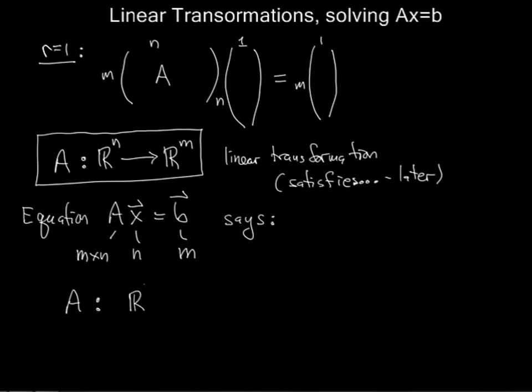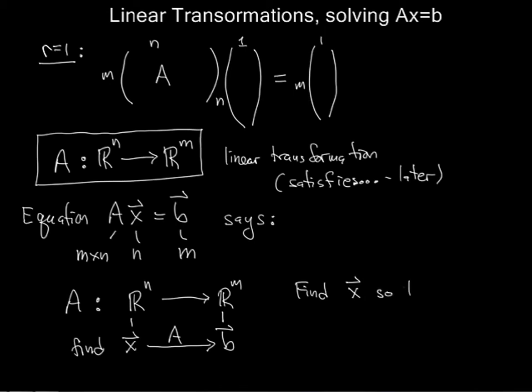What this says is that you have a map from Rn to Rm, and you're given a vector in Rm, that's b, and you're looking for a vector in Rn which hits it when you apply A. So that is to say, what you need to do is find x so that A takes x to b. That's the way you think of this equation.